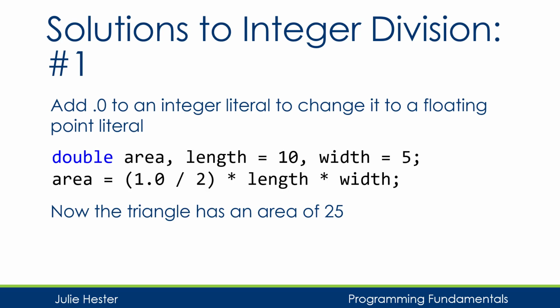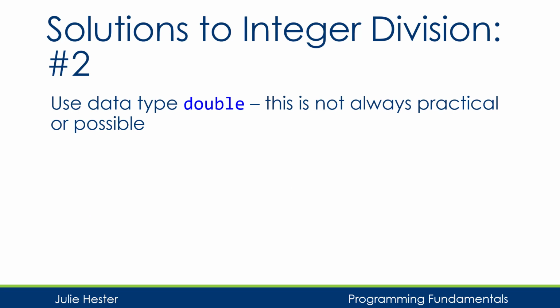Now that's not always a possible solution because I may not have a situation where I'm working with integer constants like in this expression. Sometimes I'm only working with variables, and what I could do is wherever I have an integer variable, maybe I could use a double. This is not always going to be practical or possible, but it will change the result.